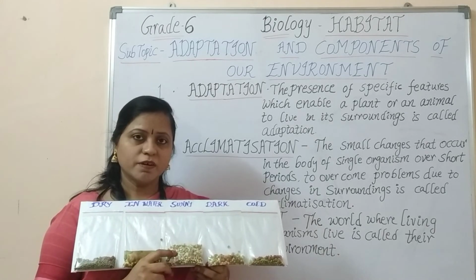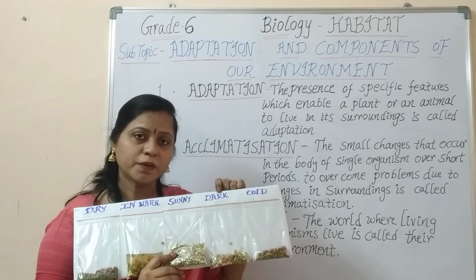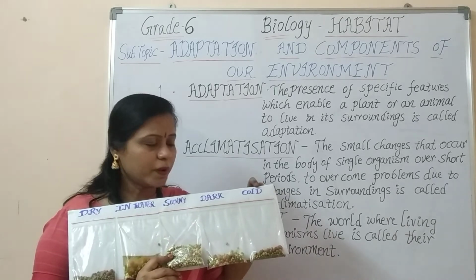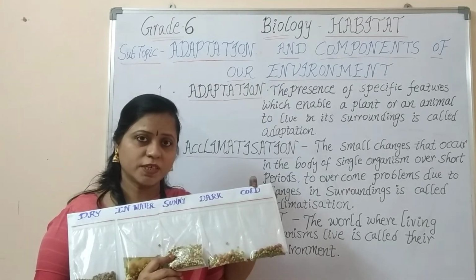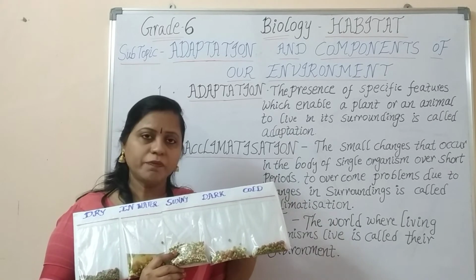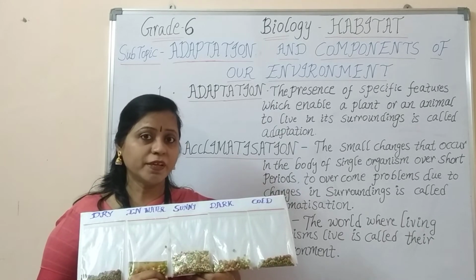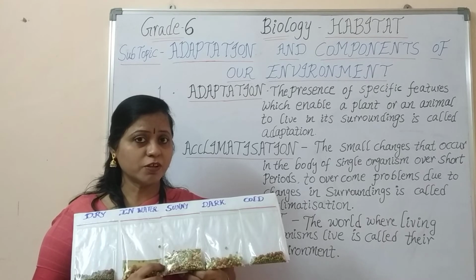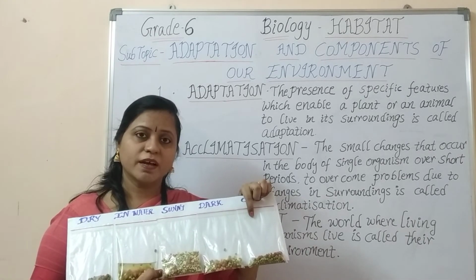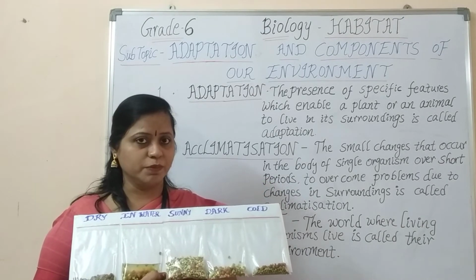One part we keep in a sunny room, one part in a dark room where there is no access for light, and one part in a cold region, that is, in the refrigerator. After 1 or 2 days we observe the germination, and during this period we have to rinse the seeds, drain the water and set them for germination.